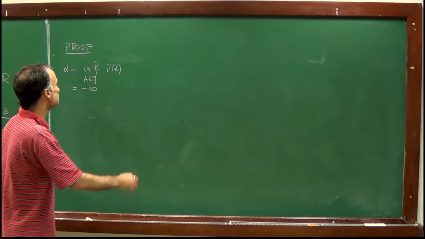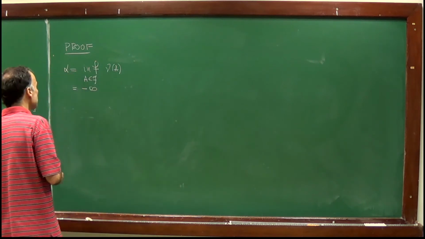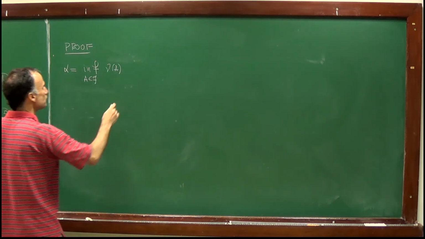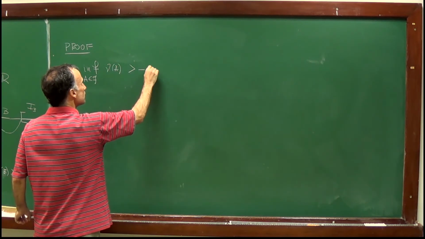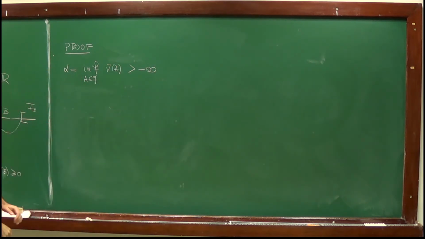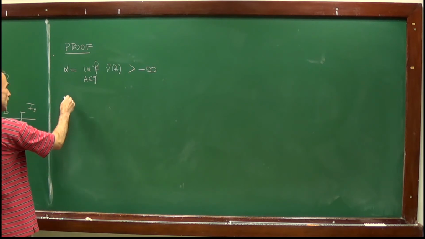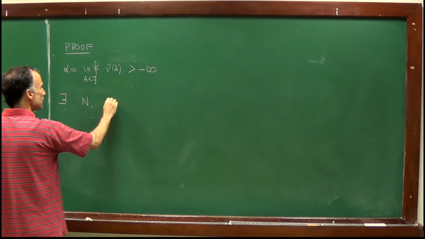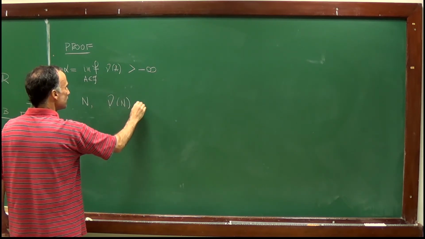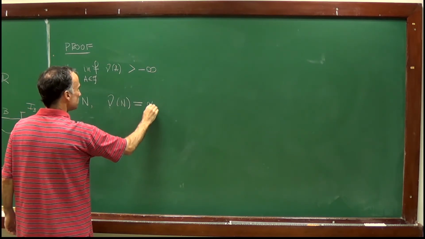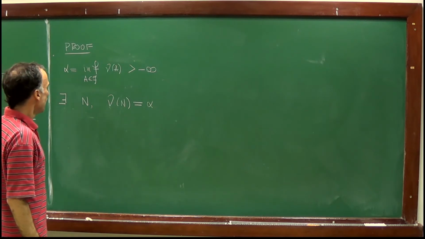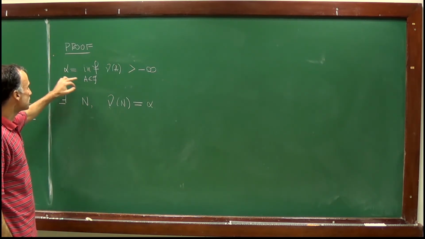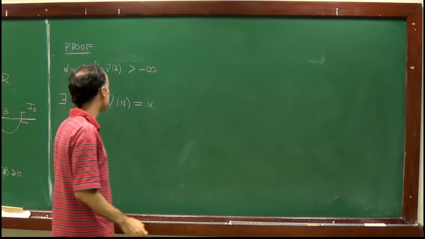Right, so now let's go to step 2. We just proved that alpha, given by this infimum, is strictly greater than minus infinity. Now, step 2, I want to show that there exists a set such that nu of it is equal to alpha. Well, since alpha is a real number, we can always find a set Cn which approximates.